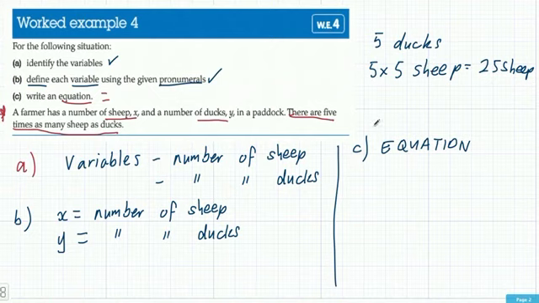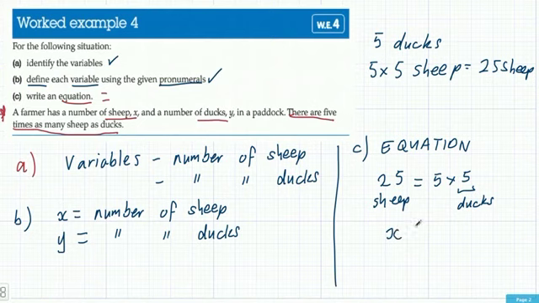We have 25 sheep, and 5 ducks, so the number of sheep is 5 times the number of ducks. So this is our sheep, and this part here would be our ducks. We can replace the sheep with an X to represent sheep and a Y to represent the number of ducks.